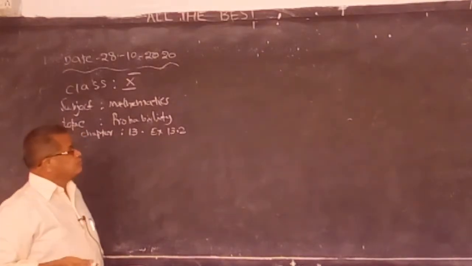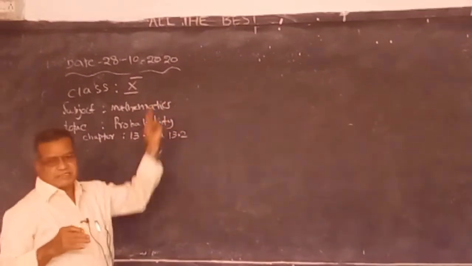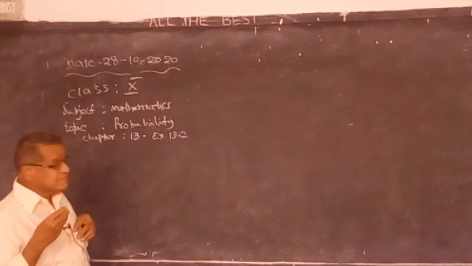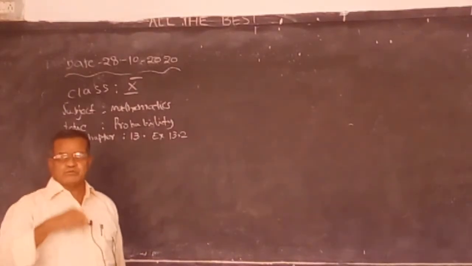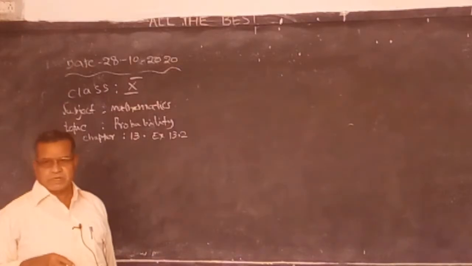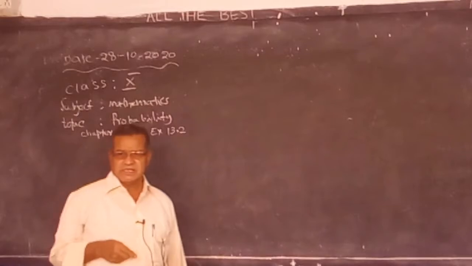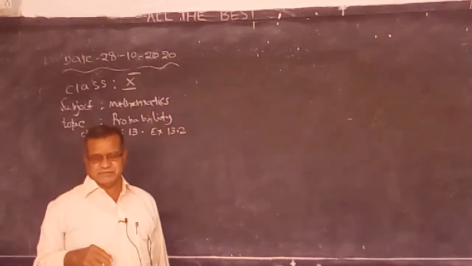Like that, yesterday I explained about coin and about dice. It is in cube shape. There are 6 faces, numbered 1, 2, 3, 4, 5, 6.